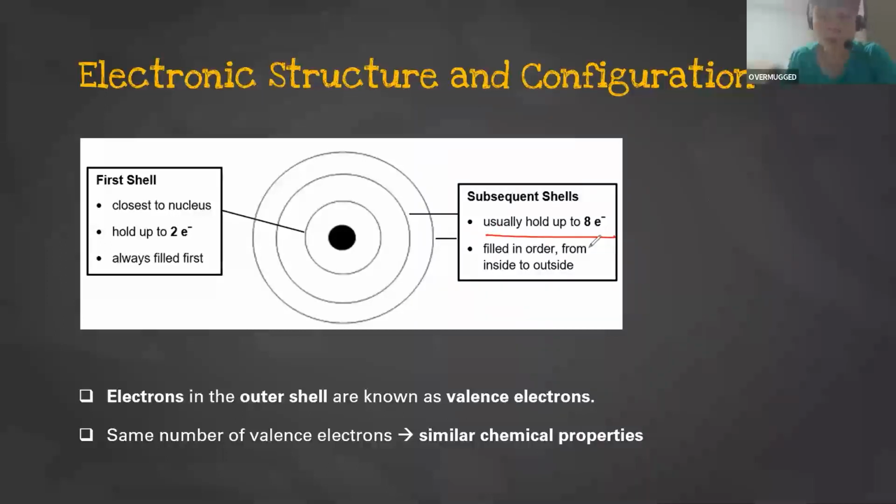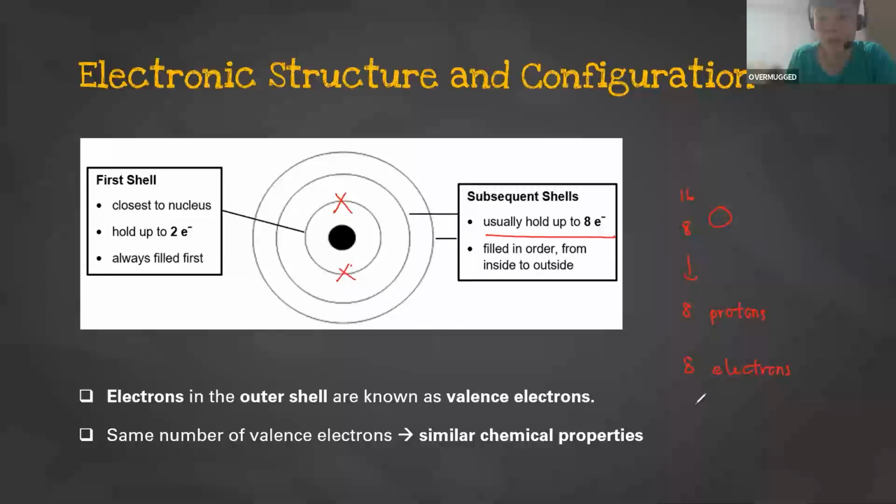And when we fill up the shells, we will fill it up singly. So for example, oxygen is 16,8. From this, I know that an oxygen atom has 8 protons. Previously, I also mentioned atoms are electrically neutral. Number of protons equal number of electrons. So 8 electrons. So how do I fill up 8 electrons? 1, 2.